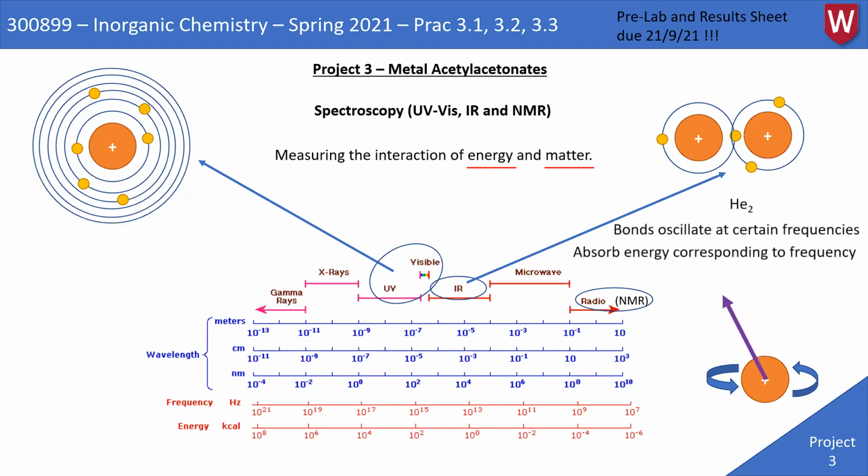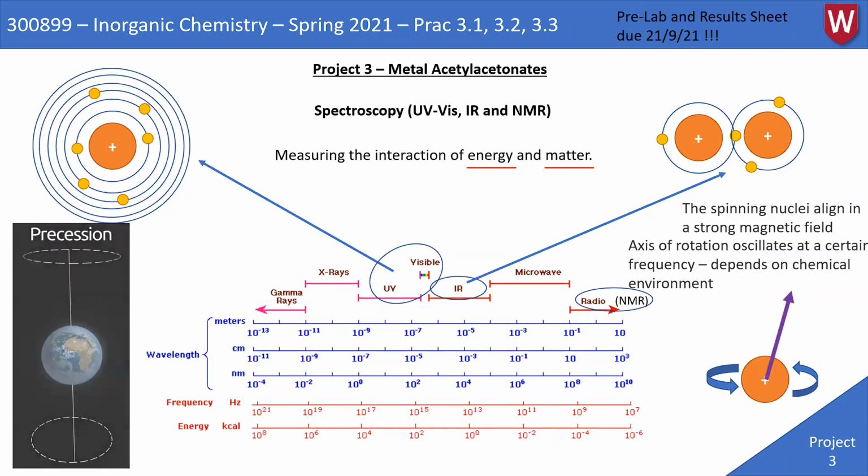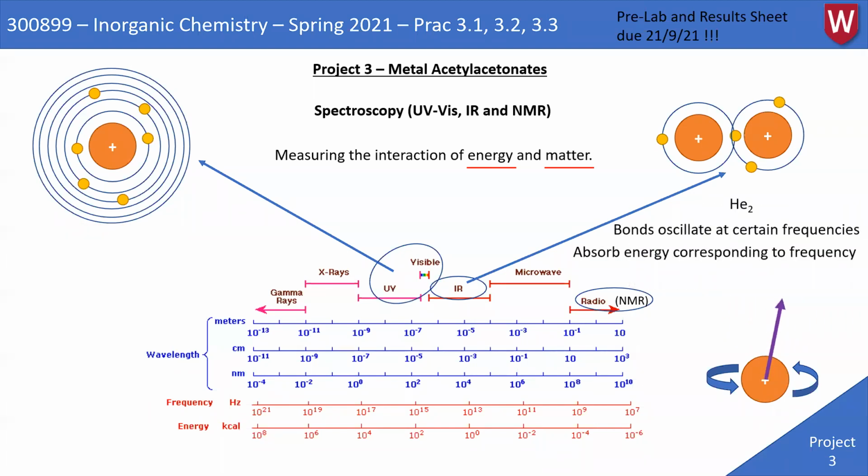So if we look back over on the right, the axis of rotation of our nucleus is oscillating backwards and forwards, and it would be tracing out a circle in space as well. And when we hit our sample with a bit of energy in the radio frequency range, what we actually do is knock that axis of rotation with a pulse of energy, we knock it off its z-axis.